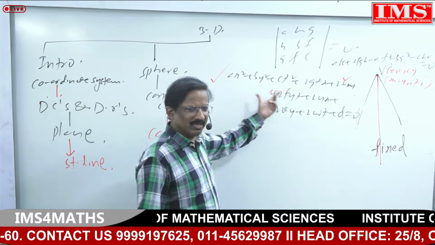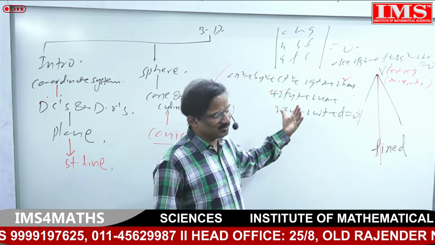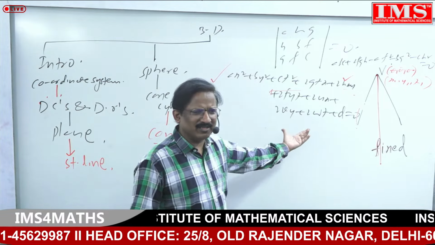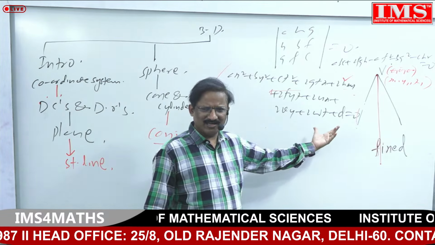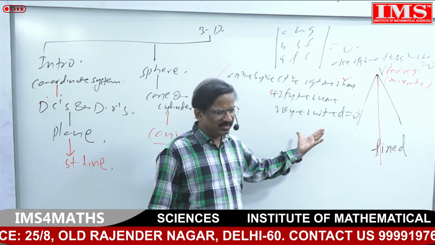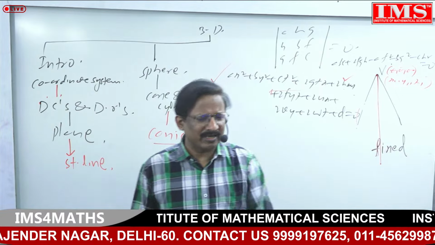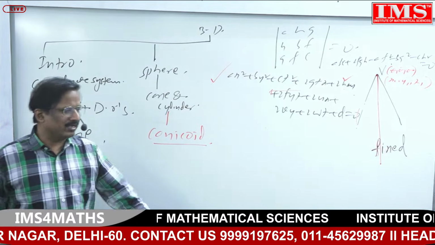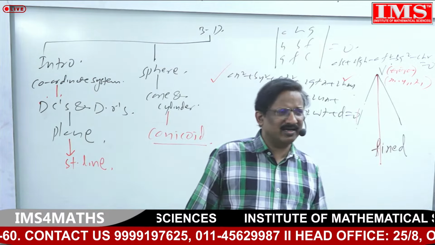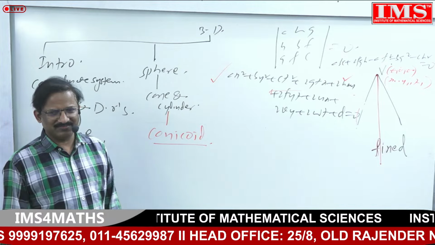What are those? a, b, c, f, g, h, u, v, w, total 9, and plus d, 10. I can kill one of the constants, it does not impact anymore. Effectively 9 can work. To determine the 9 arbitrary constants, it is enough to pass through 9 points, or to associate with 9 conditions.